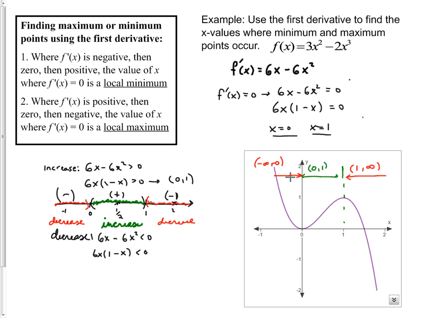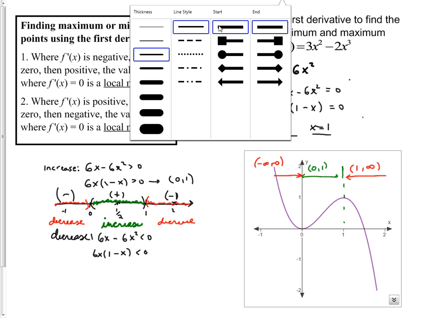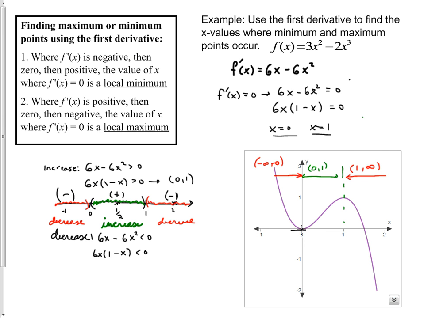Right? Decrease, increase, decrease. Not only that, but we've also identified where we get our horizontal tangent lines, and that is f prime of 0 and f prime of 1.